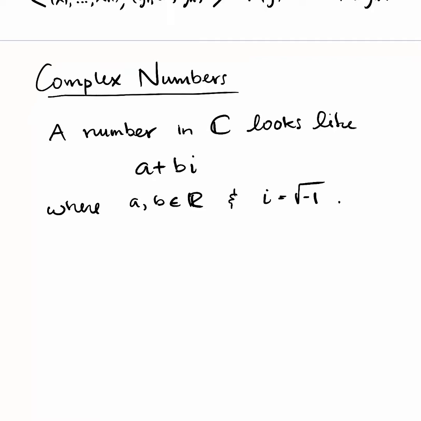Okay, so complex numbers look like a plus bi, and we can envision those in what's called the complex plane. Sometimes people think of that number a plus bi as being a over b up in the complex plane.